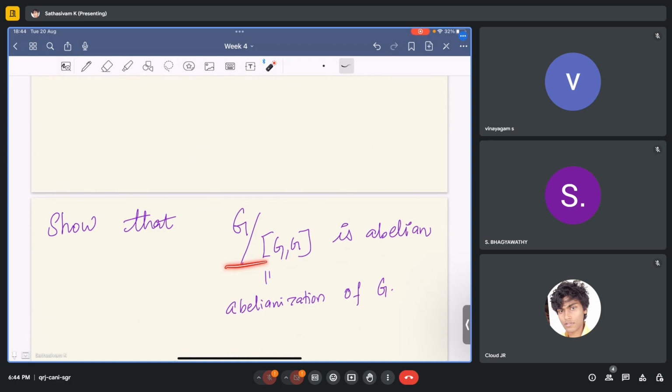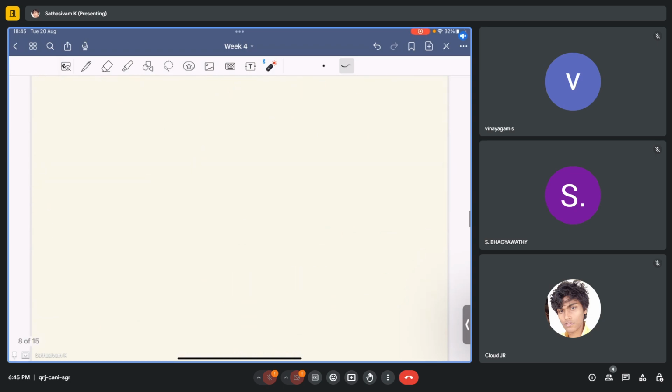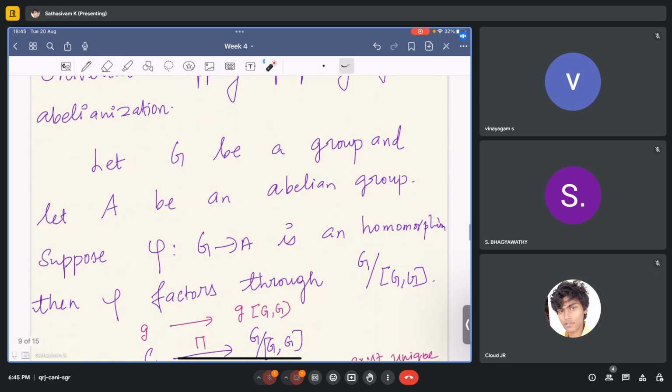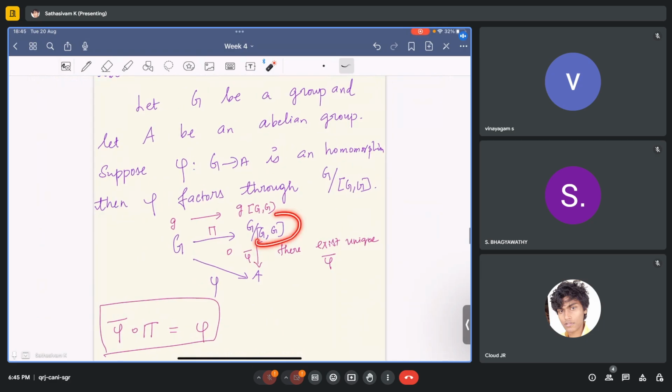I went ahead because in some courses it was defined earlier, but I just remembered that in our course it's not done. So that's why I'm skipping this problem. But at least you will have an idea what is actually happening here. So this is why we study the abelianization, and the interesting property is that any homomorphism to an abelian group will actually factor through some quotient.